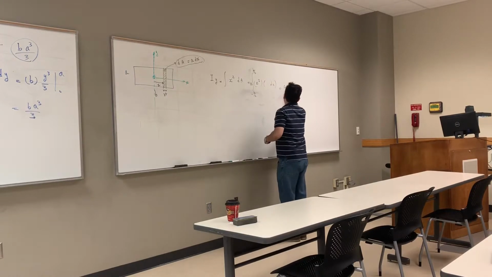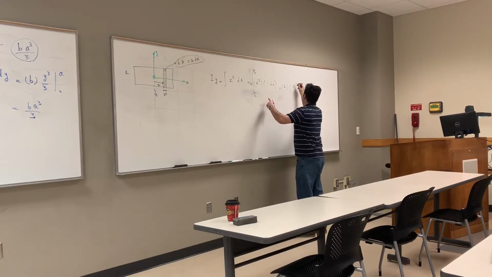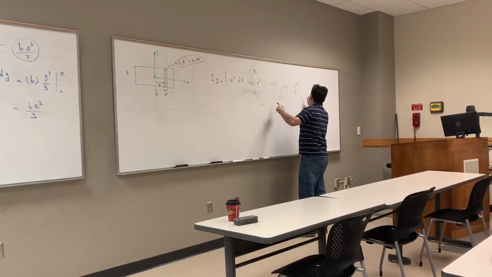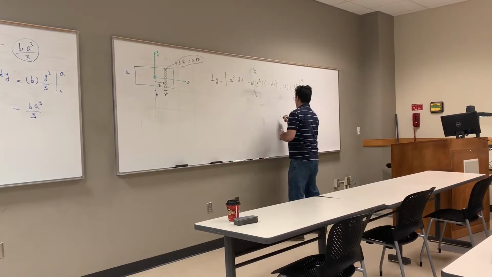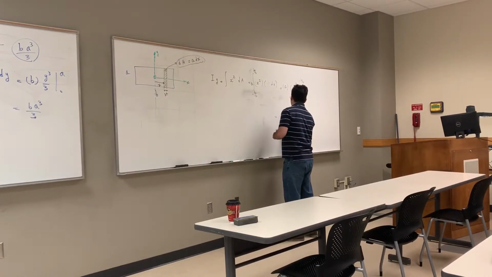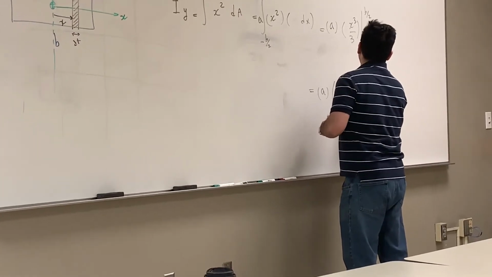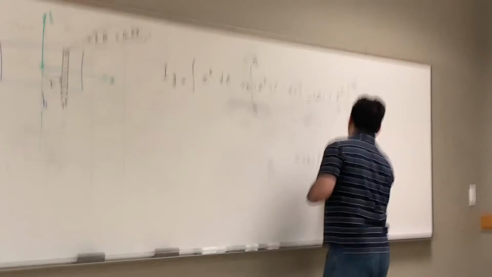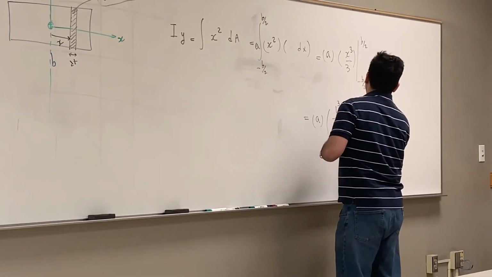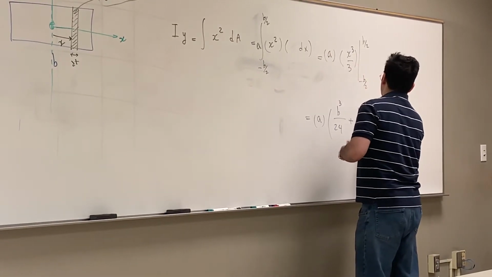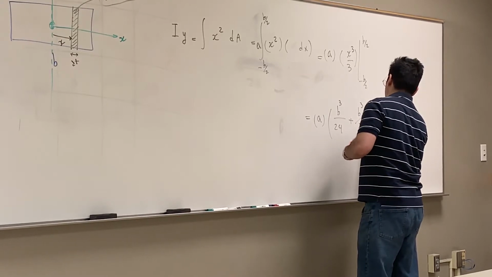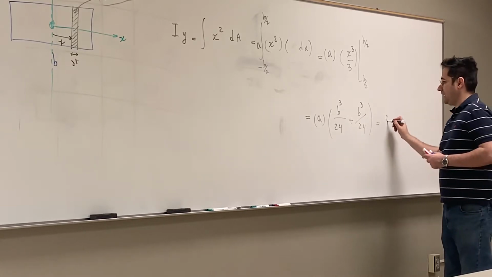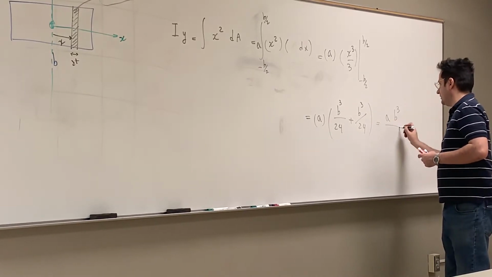You get A times x cubed over 3 from negative b over 2 to positive b over 2. Put b here, so you get b to the third power over 24 plus b cubed over 24. You see? And then you get A times b cubed over 12.